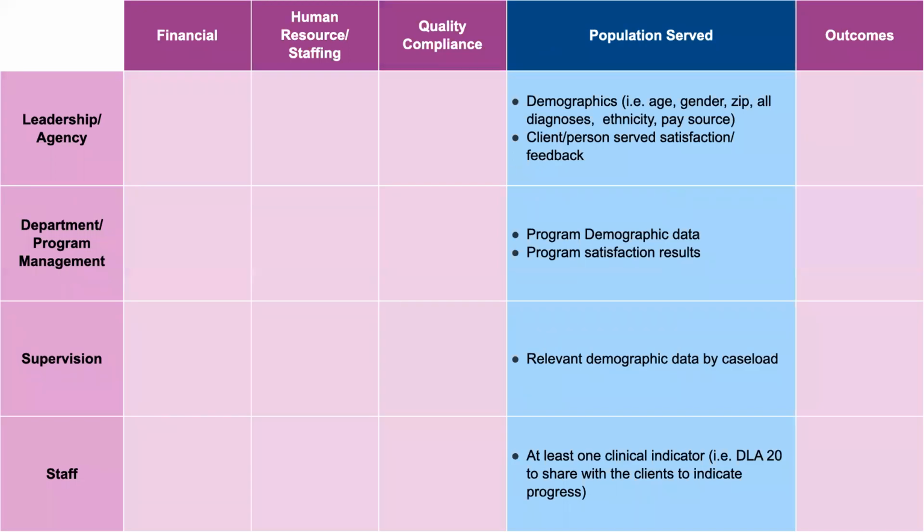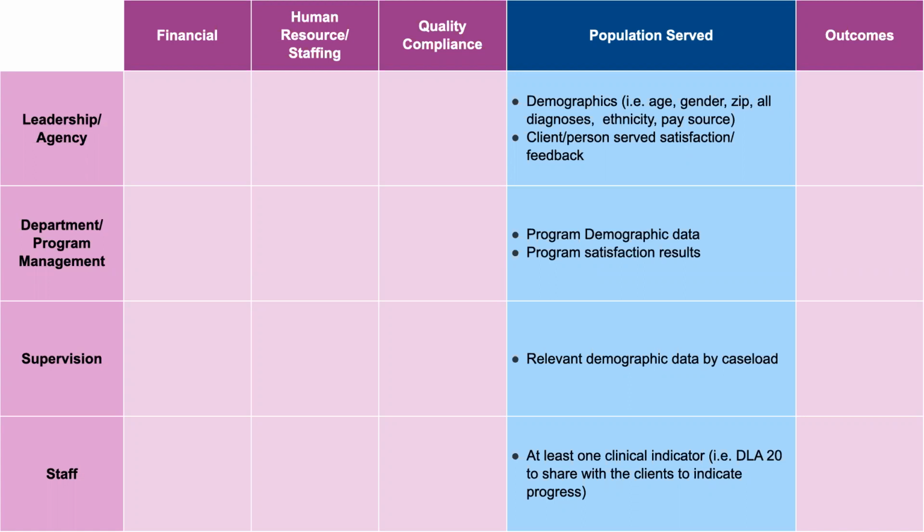Moving on to some of the data that may be less readily available or less readily countable, the people that are being served need to be understood not only individually, which is often the case, but also more as a population. So it's important to understand at an agency level who the people we're serving are.